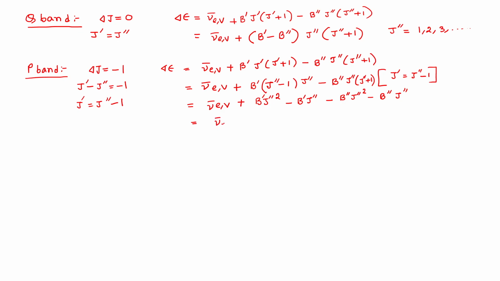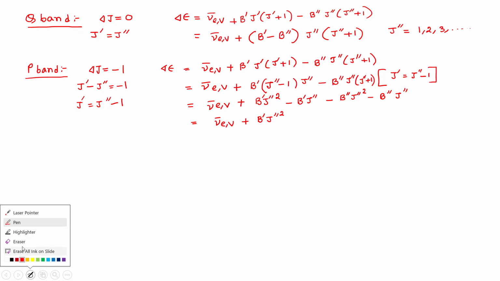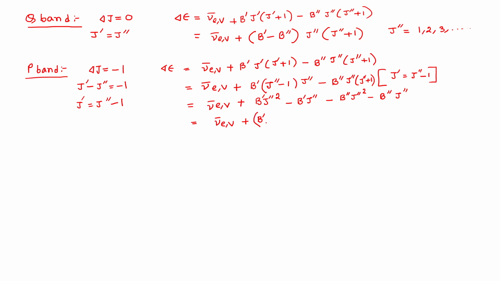And I'm going to have nu naught plus B dash J double dash. I will take this as common. If I take J double dash as common, then I am going to get B dash minus B double dash J double dash square.